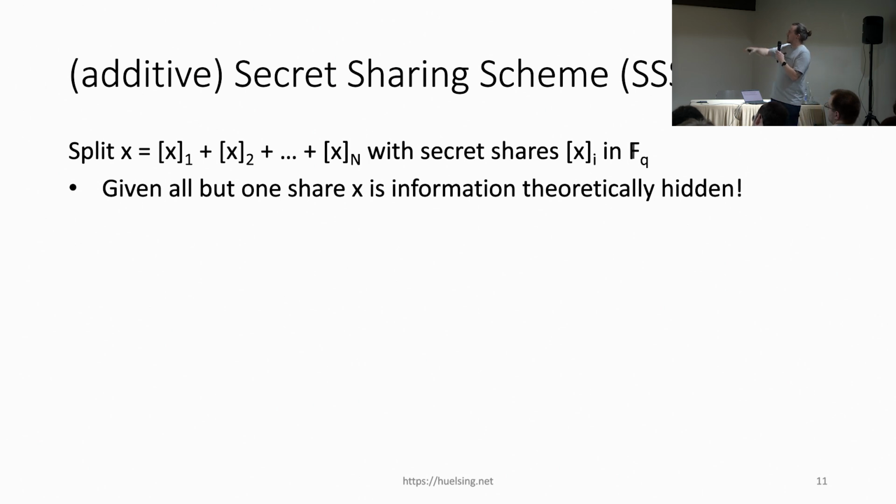For example, you can pick n random shares and then you compute the delta of the sum of these with this remaining one, and you add it to the first entry, and then you have a random secret sharing of x. And this is a case where if you get all but one shares, then the final value is still information theoretically hidden, because this is actually a one-time pad, right?